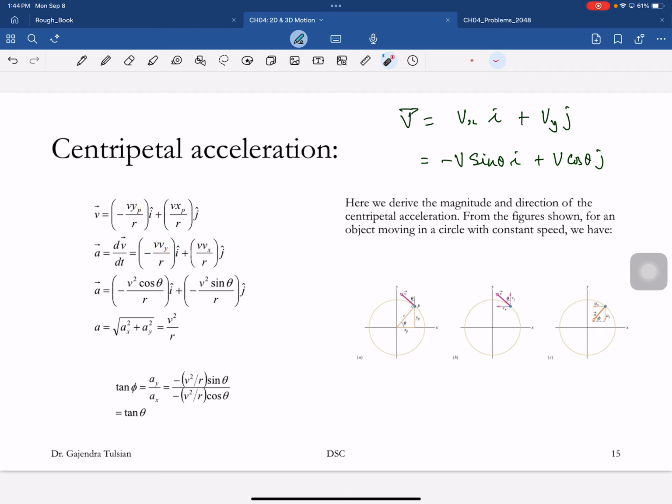V and r are constant, and we saw that vy is v cosine theta and vx is v sine theta. So here is the acceleration, and it is a function of time, because as you're going around, theta is a function of time.